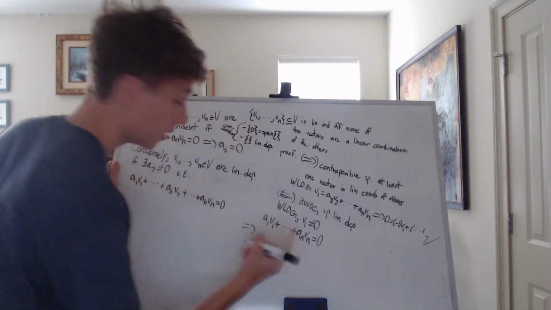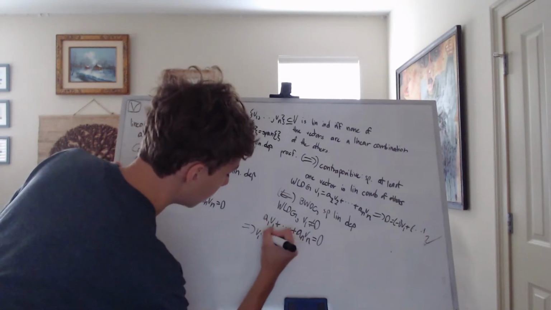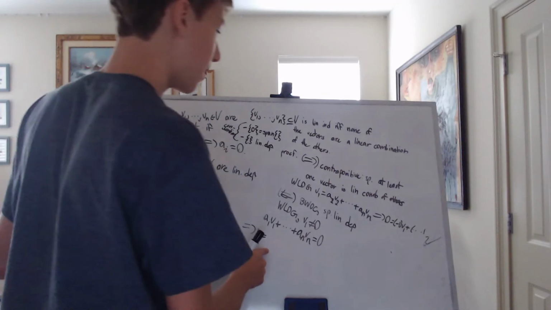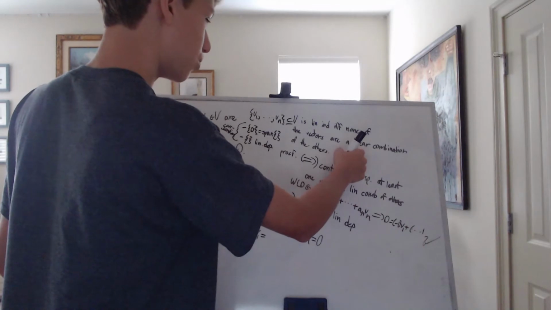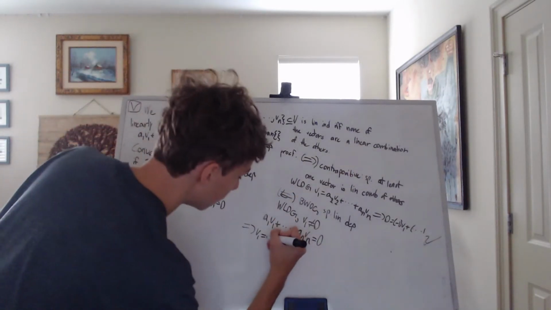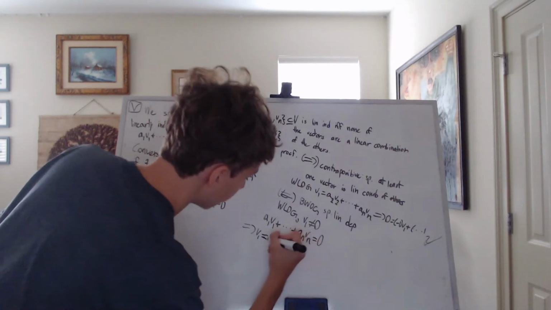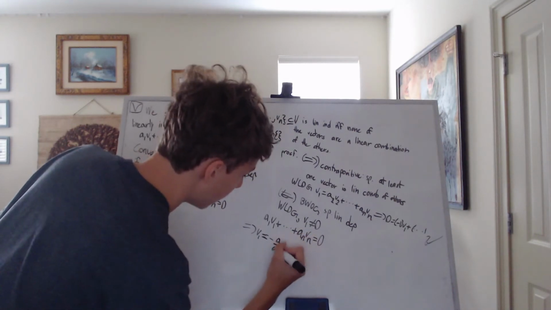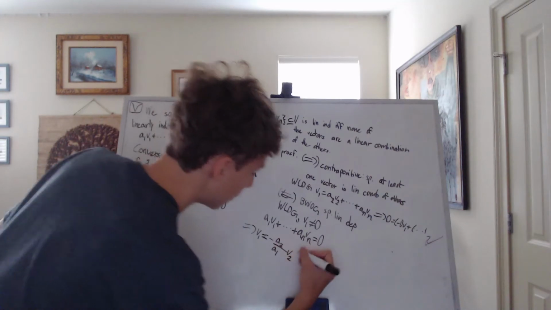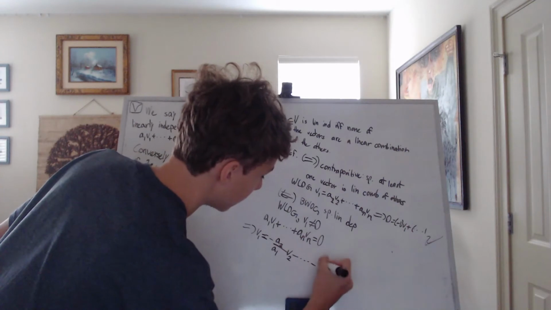So that implies, and then add v1 on both sides. And so, in general, we get that v1 is equal to, we'll distribute the negative sign, negative a2 over a1 v2 minus dot dot dot minus an over a1 vn.